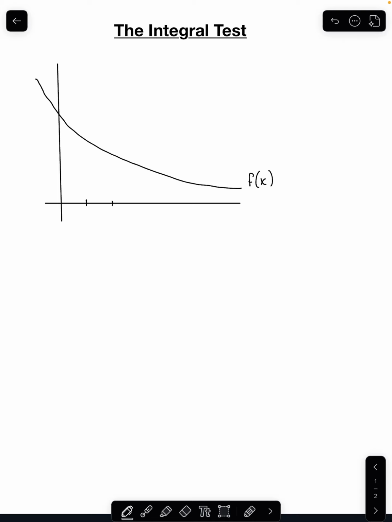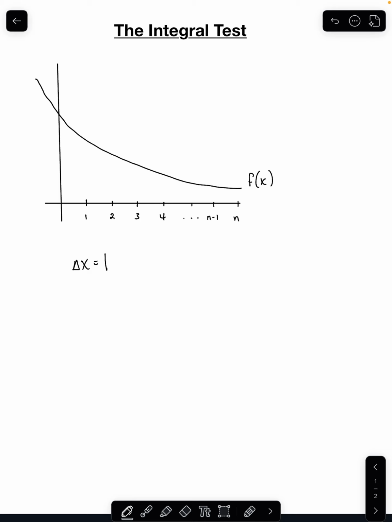So, let's consider this function subdivided into intervals of width 1. An important thing to realize here is that if we're using width 1, that means that delta x is equal to 1.